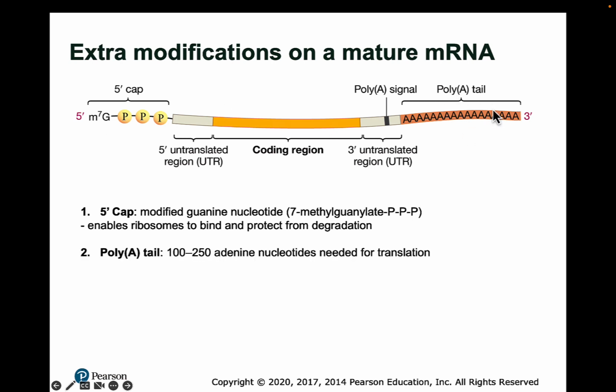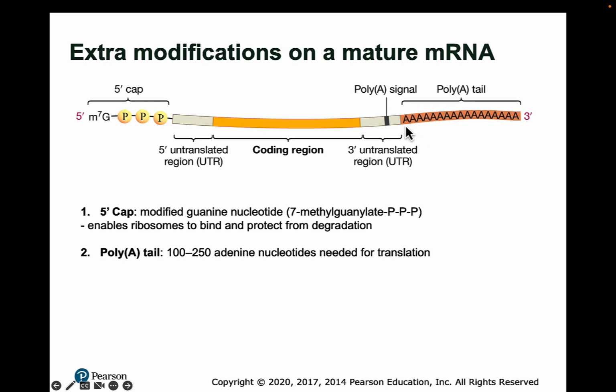The other part here is this poly-A signal. This poly-A signal is in what we call the untranslated region. This isn't actually part of what will make the protein. The poly-A signal signals for termination, and it's also going to signal for the addition of a poly-A tail.